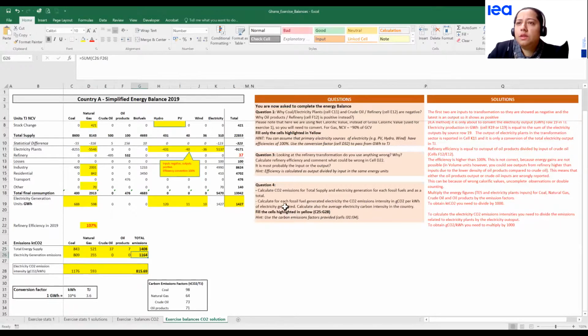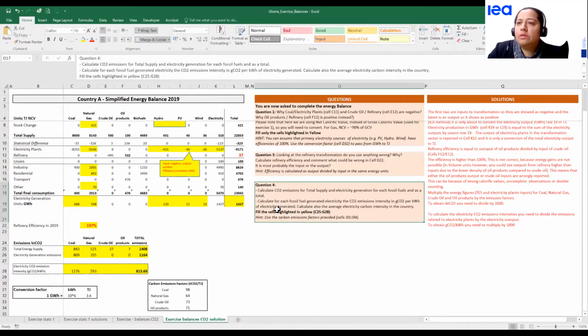So that was it. And the last question was, calculate for each fuel-generated electricity the CO2 emission intensity in grams of CO2 per kilowatt hour of electricity generated, and also the average electricity carbon intensity in the country. So here what you need to do is calculate the electricity CO2 emissions intensity.